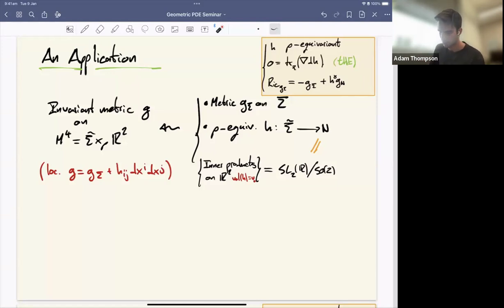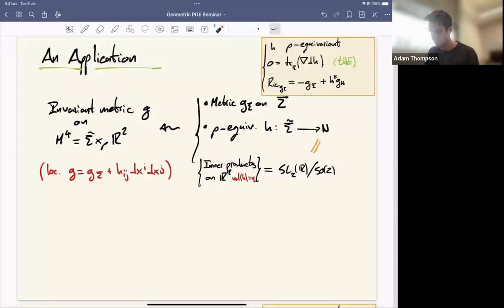And so the way we cook up this metric is locally, you can pick coordinates that look like an open subset of sigma times R2. And then in these, my metric is just this product.